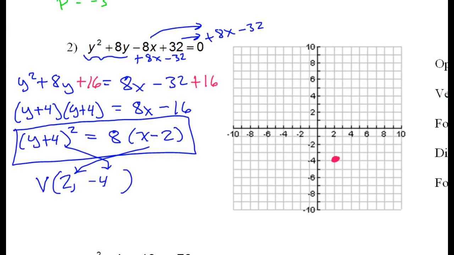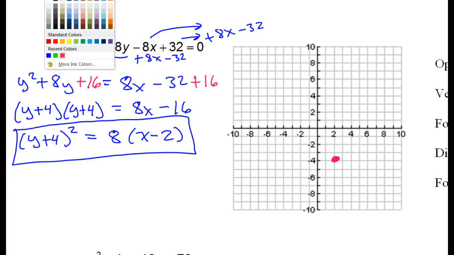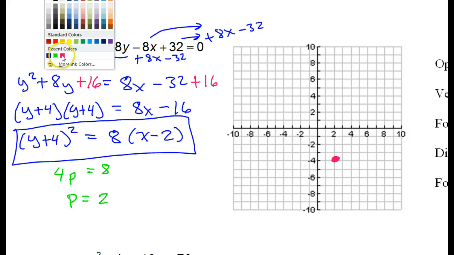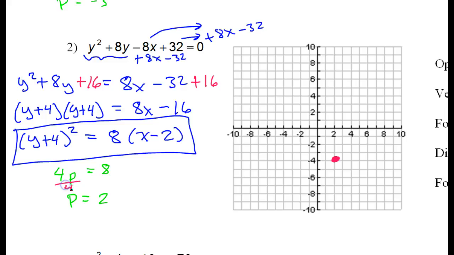Alright, let's talk focus. Alright, to get the focus, we need that P value. And you see the 8, so 4P is going to equal 8. Alright, that means that P is going to equal 2, because we divide. So P is equal to 2.